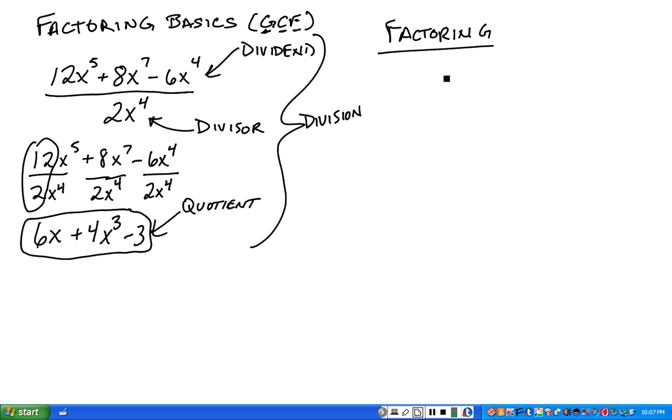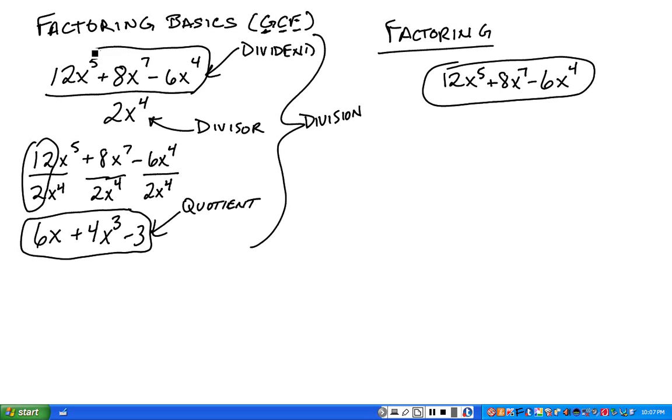So if we started with the same problem, factoring wise, the difference between the two is in factoring I'll just be given some polynomial to try to factor, whereas in division I'm given a polynomial, a dividend, and I'm given some type of polynomial or a term to be used as a divisor.